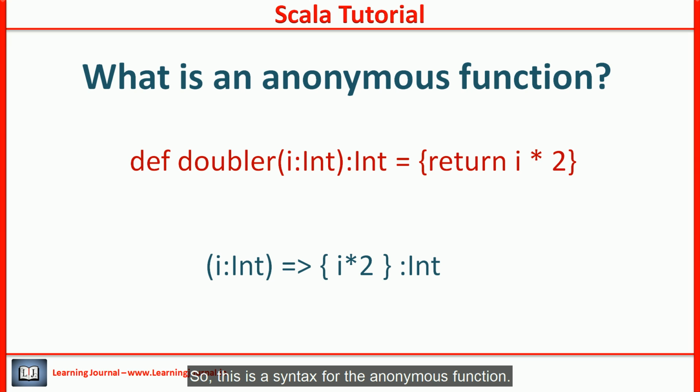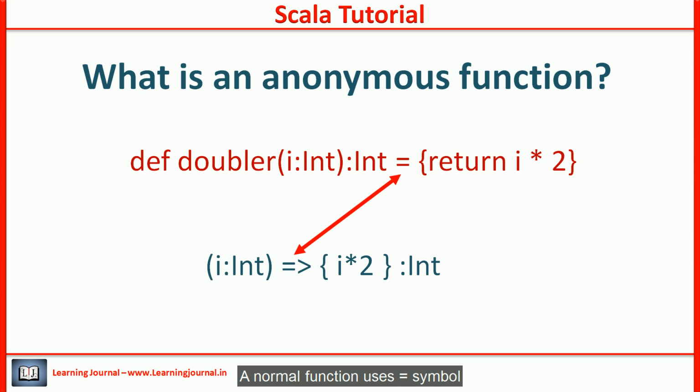So, this is the syntax for the anonymous function. List of parameters, body, and return type. That's it. No name. The return type is optional. So, if you leave it, Scala will automatically infer it. If you compare the syntax for an anonymous Scala function with a standard Scala function, you may notice the difference here.